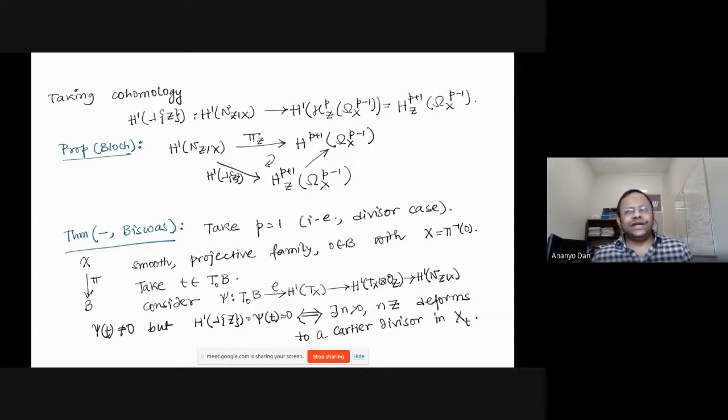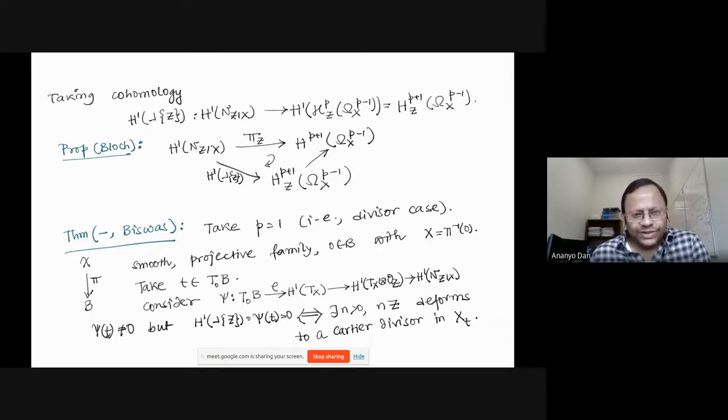Here, instead of taking the global sections, you do the same but look at the global sections which are supported on this subvariety, and that will give you this description. There are much simpler descriptions as well using Čech cohomology with open coverings, but I do not think I have the time to go through that.